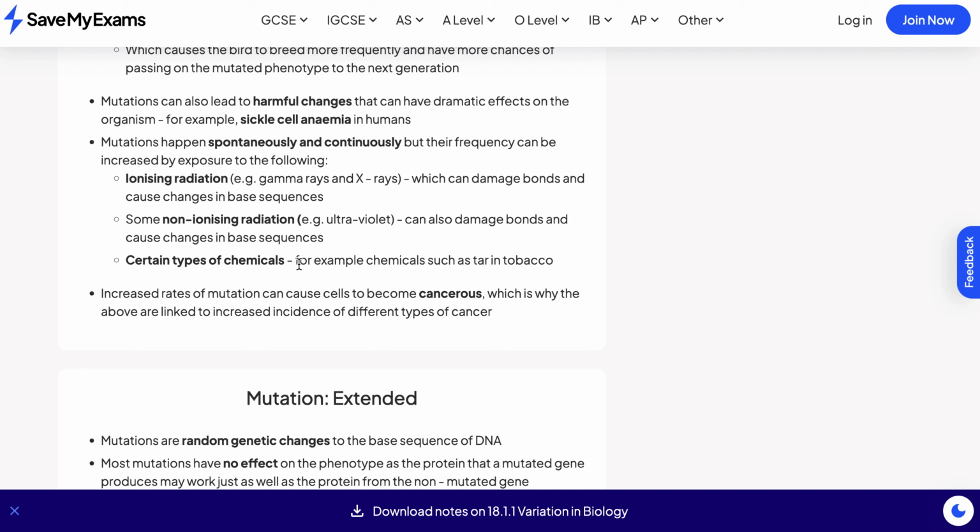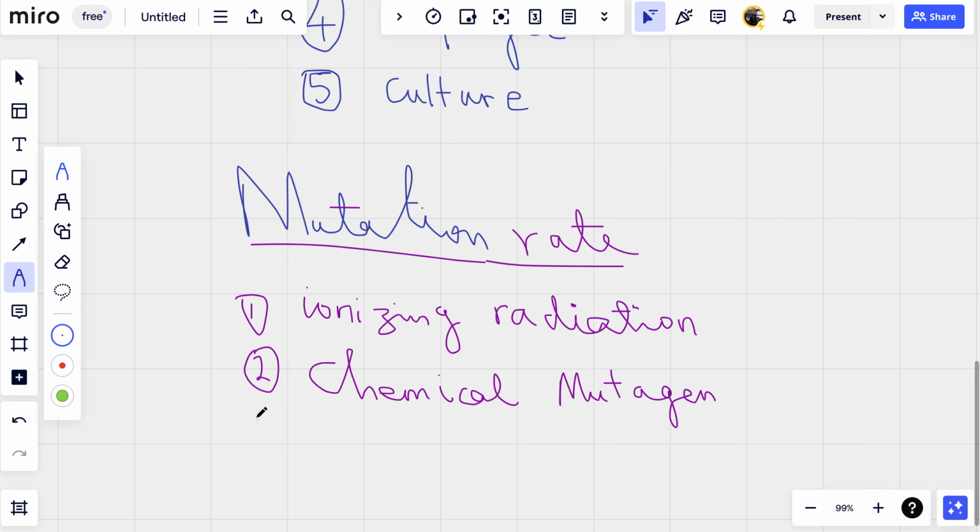And there are certain types of chemicals. So we have three factors that cause mutation to happen to our DNA: ionizing radiation, non-ionizing radiation, and chemical mutagens.